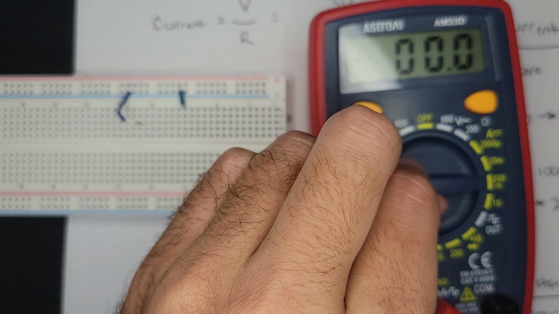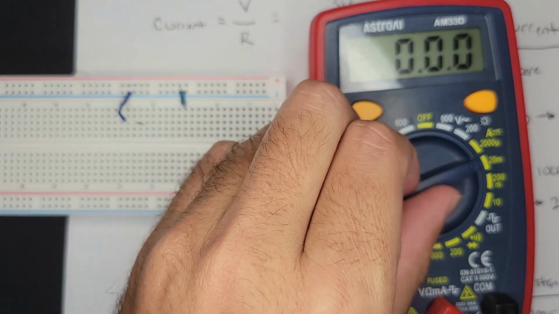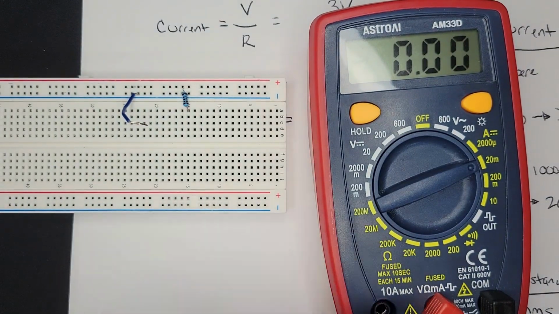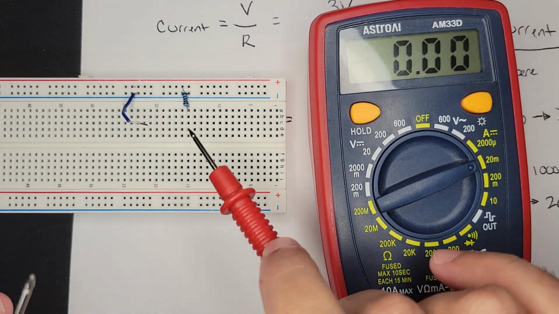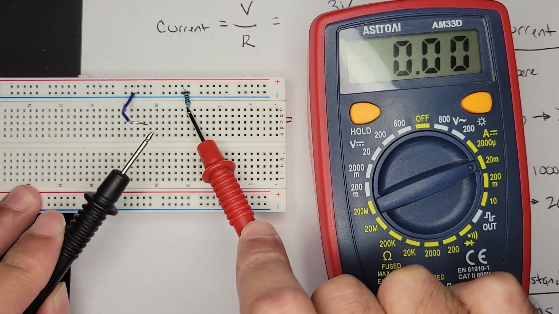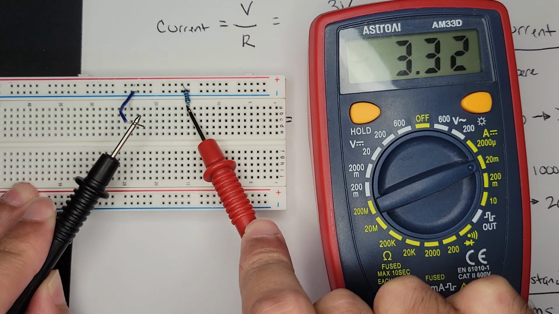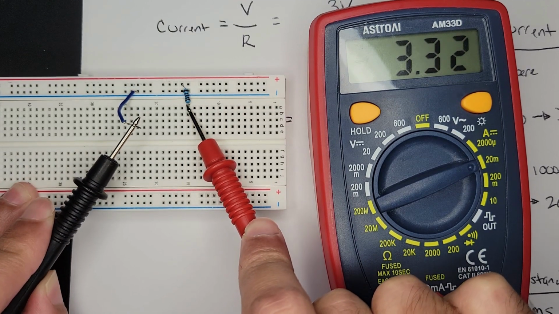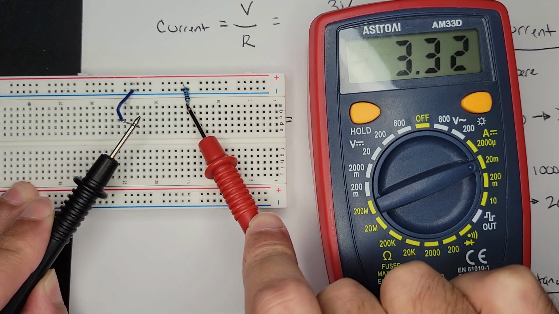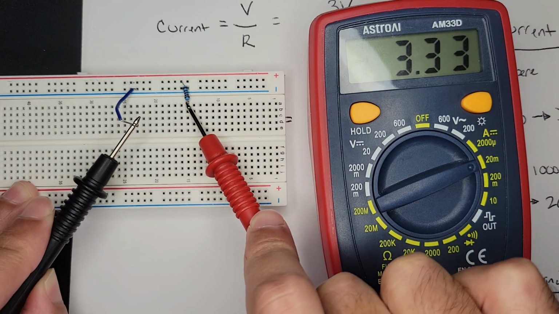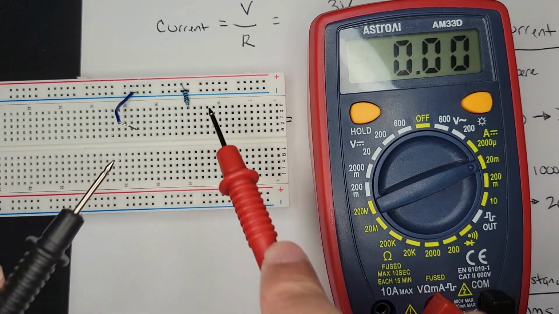I'm going to put it on one of the lower settings, like 20 milliamps, which is just the range that it'll pick up. And if we put our positive on the resistor and our negative on the wire that's exposed that goes to ground, basically what we're doing to read the current is we need to make sure that all the current has to flow through our meter. That's why we had to break these apart and go in between them.